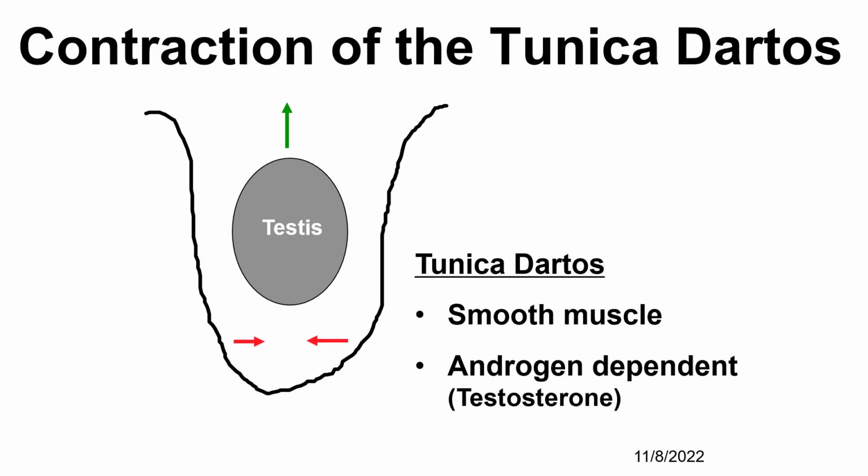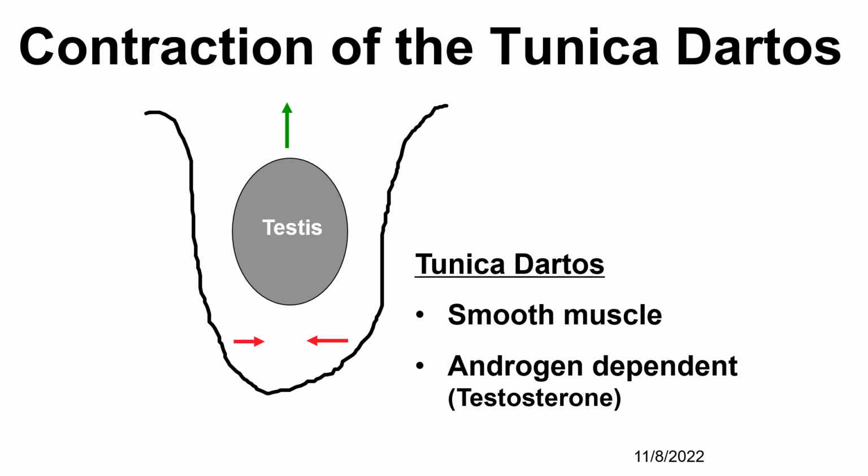So as shown in the bottom part of the figure, those in red arrows, when the muscle contracts, it will bring the scrotum in, thus bringing the testes closer to the body wall. This is the way that in cool temperatures, the testes is held closer to the body wall, making it warmer.